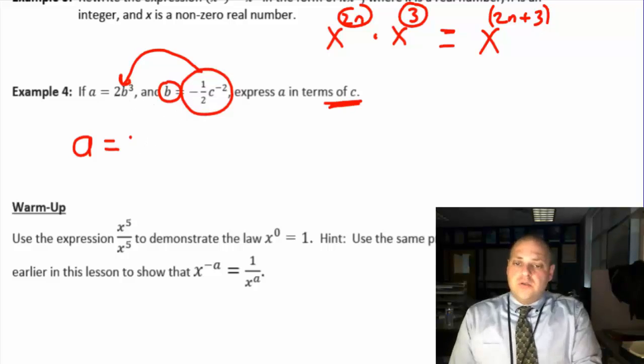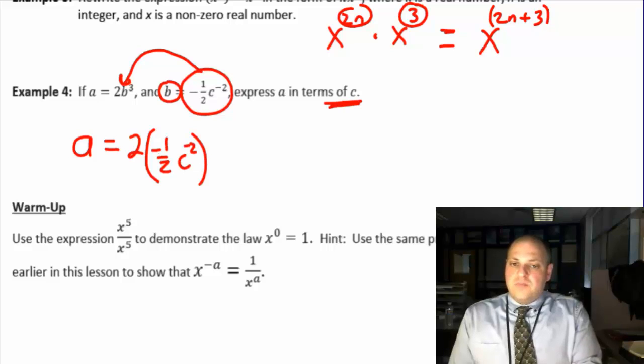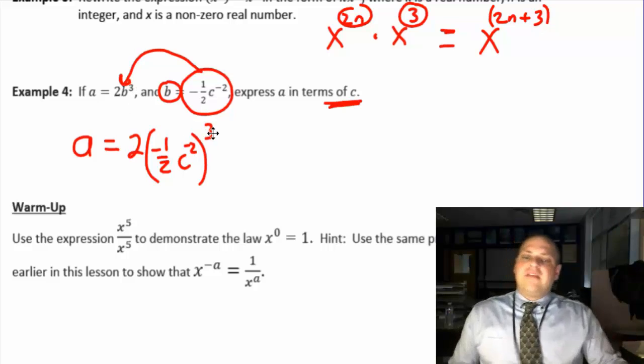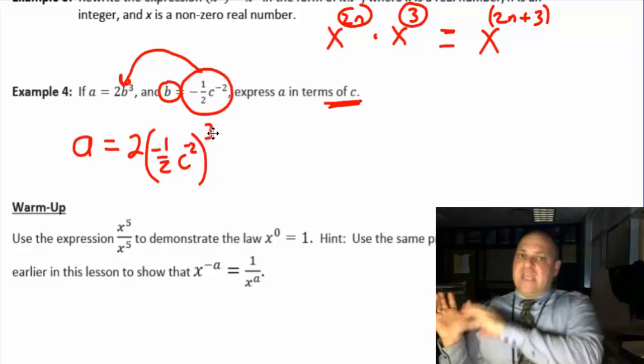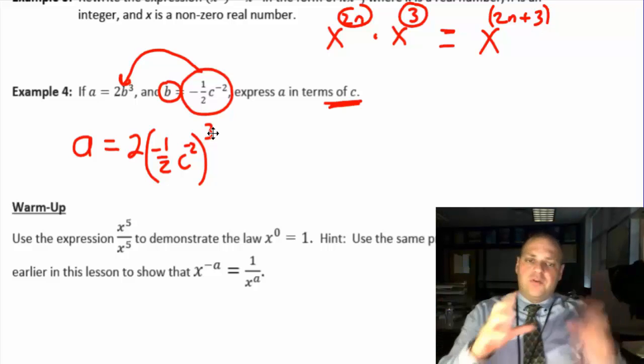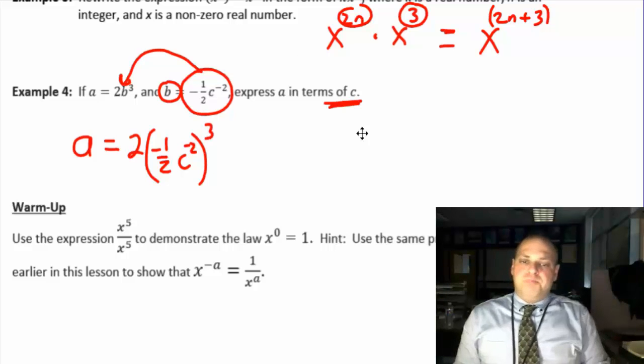So 2 times b, right? B is this, negative a half, c to the negative 2, and then to the third. So all I did, I took that 2b to the third, and I took out b, and I put in what b is equal to. I put in this b expression.